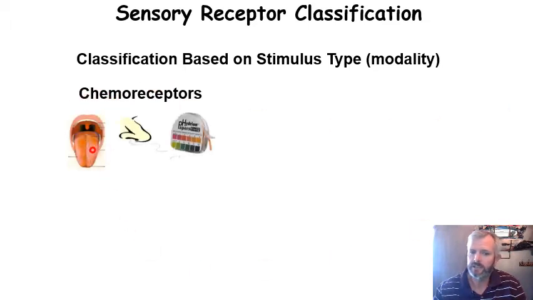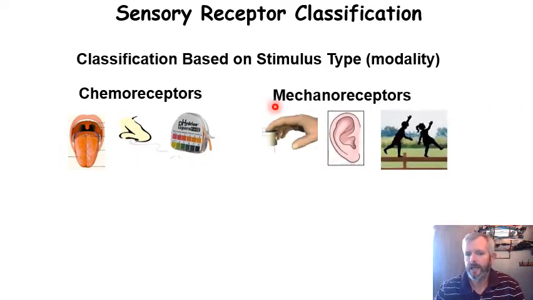Taste: you eat foods and they have certain chemicals in them. Those are going to activate receptors in your taste buds. Smell: you're smelling odor molecules, which are going to activate chemoreceptors in the nose, and that's going to elicit a response.